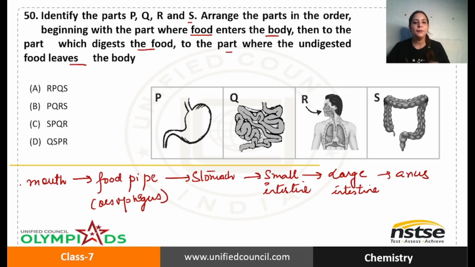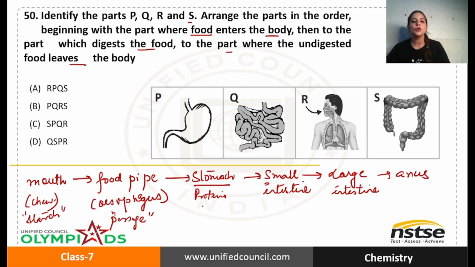Mouth helps in chewing of food. Through the mouth you take in food, and it helps you chew also. The food pipe acts as a passage through which food is sent to the stomach. In the mouth, digestion of starch starts. You should know this: the first nutrient whose digestion starts in your body is starch, and it starts in the mouth. In the stomach, proteins are digested.